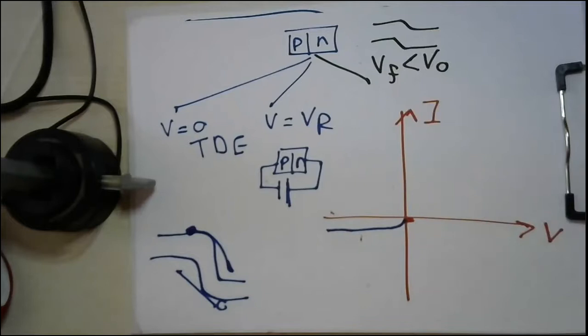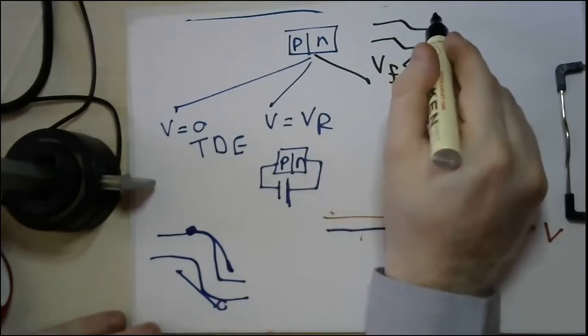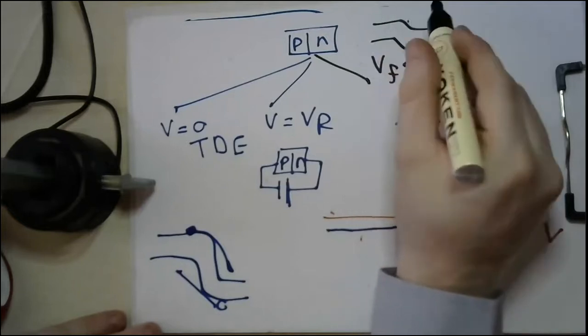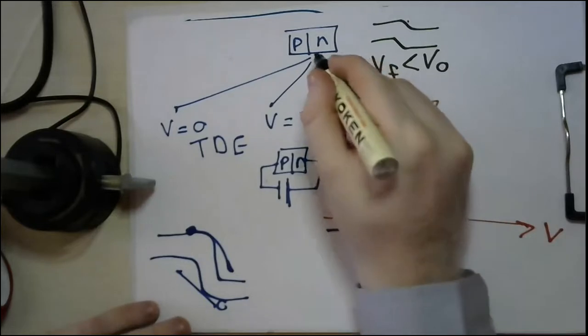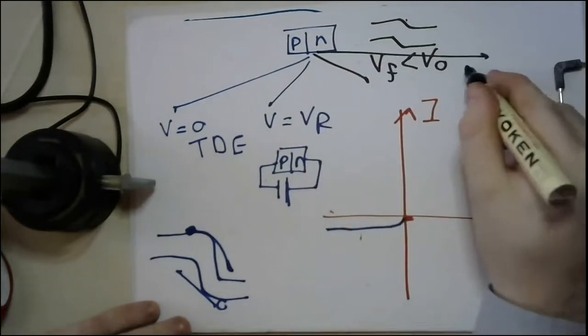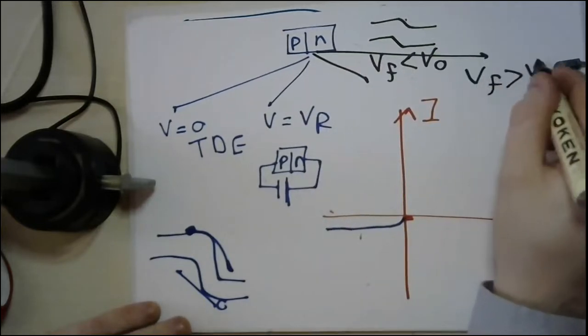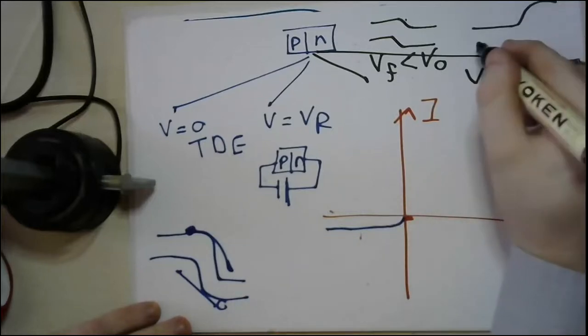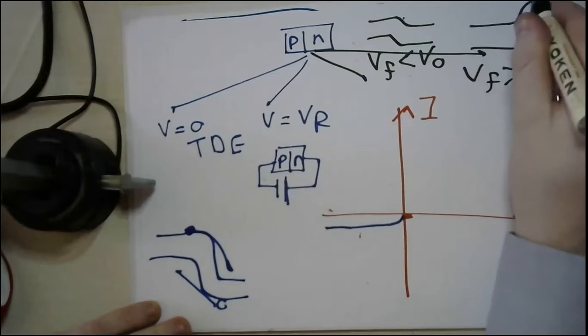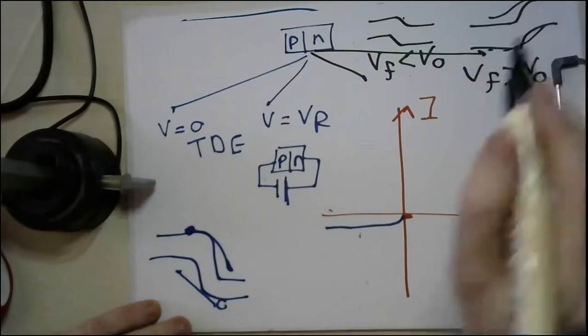This height is somehow decreased, but still the current is not able to move because we still have a height which is V naught minus VF. And finally, if Vf is greater than V naught, then the device is turned on in this manner, and a huge amount of electrons will move from here to there.